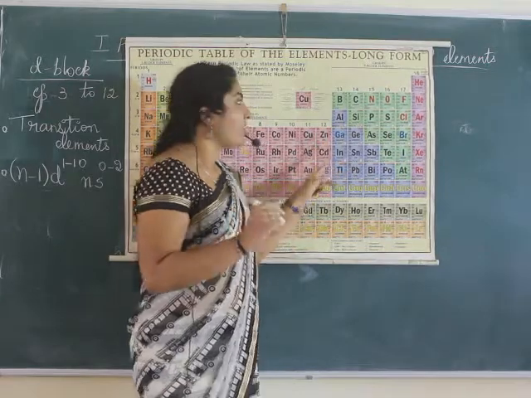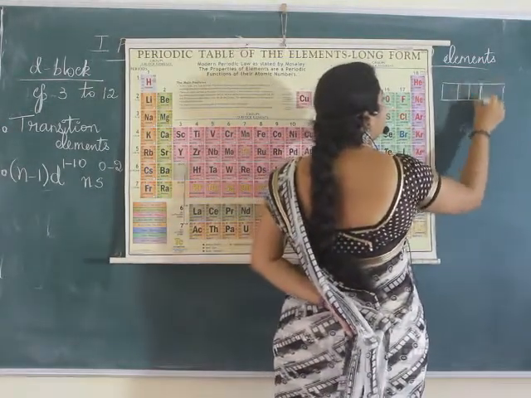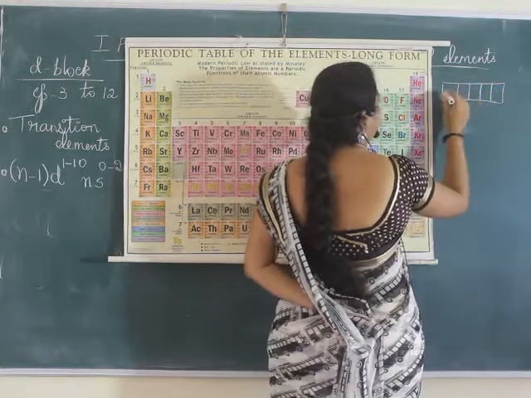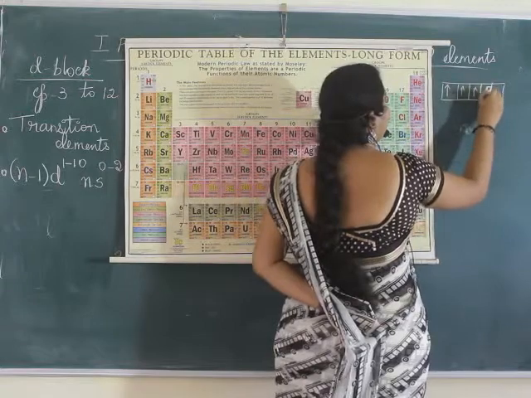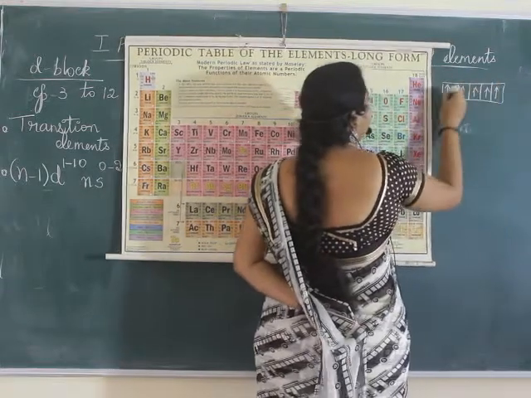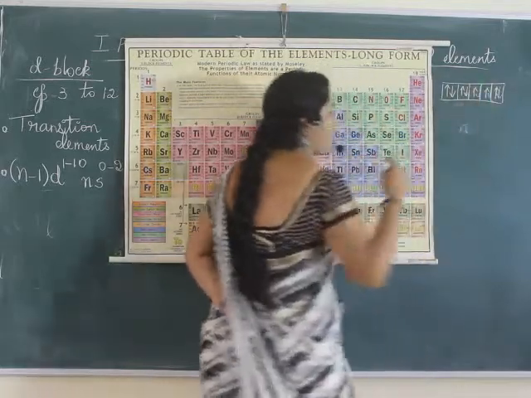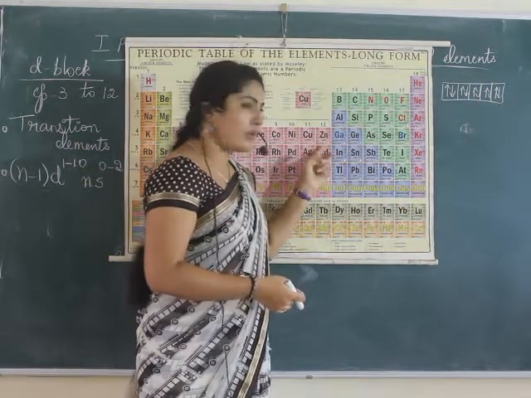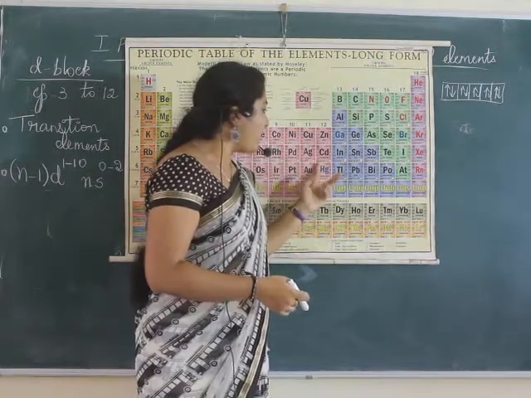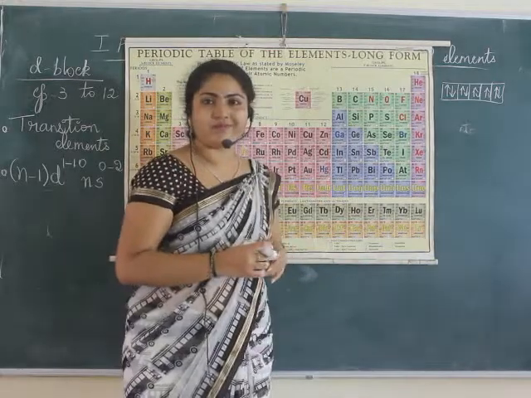In D, 5 orbitals will be there, 1, 2, 3, 4, 5. Maximum 10 electrons can occupy. In zinc, 3d10 4s2; cadmium 4d10 5s2; mercury 5d10 6s1.